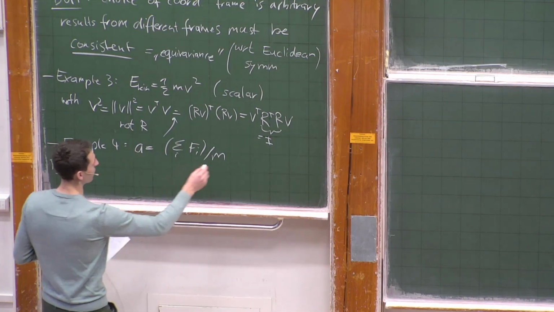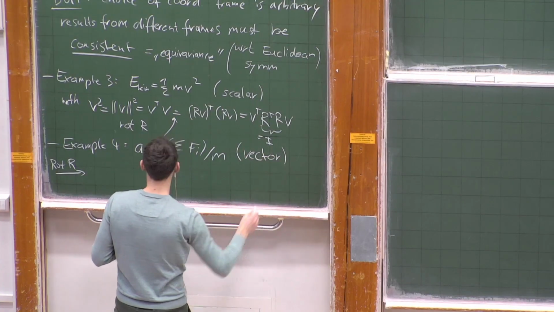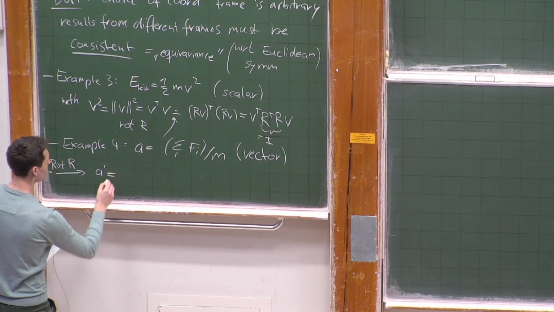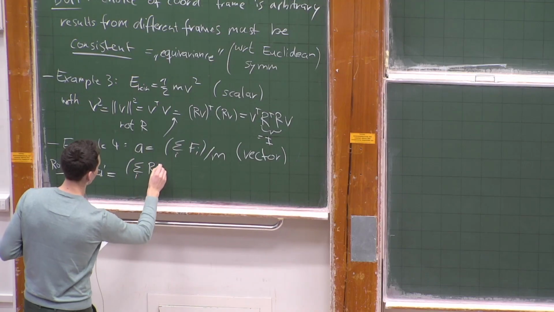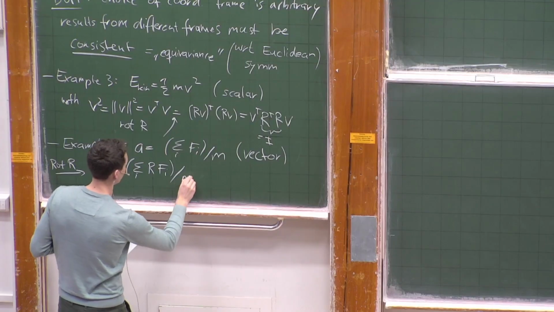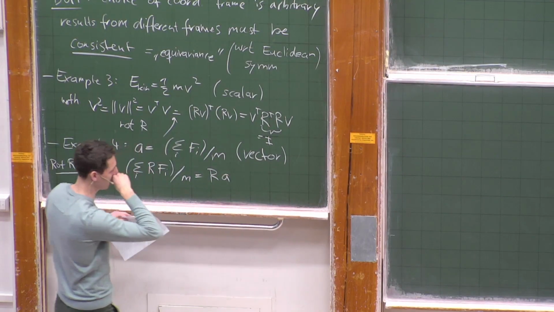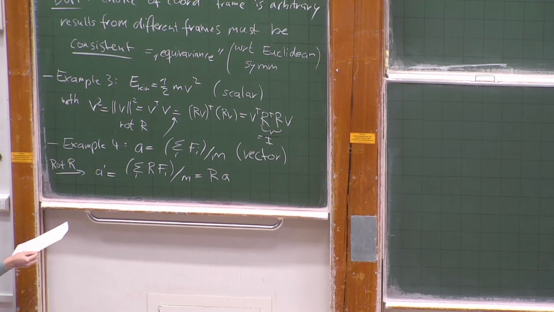Also the a will therefore be a vector. So in the new coordinate frame, we get the sum of the forces rotated by this rotation matrix, and this is nothing else but the rotation applied to the acceleration in the old coordinates.